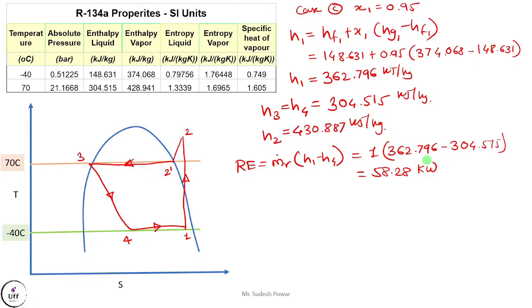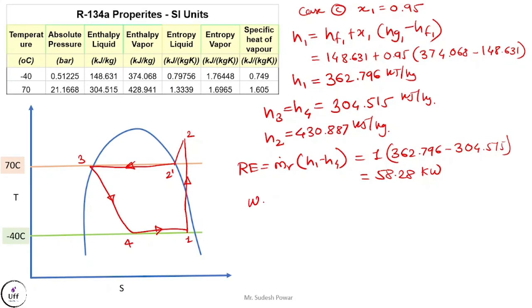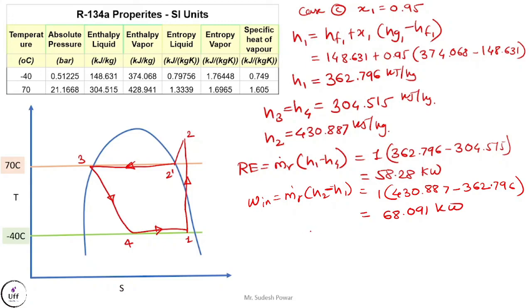If we solve this, you are getting 58.28 kilojoule per kg. Now work input we can find out as mass flow rate of the refrigerant into (H2 minus H1). Let's put the values. If you calculate this value here, it is around 68.091 kilowatt. So this is work input.